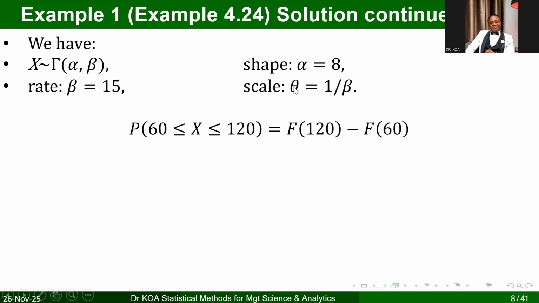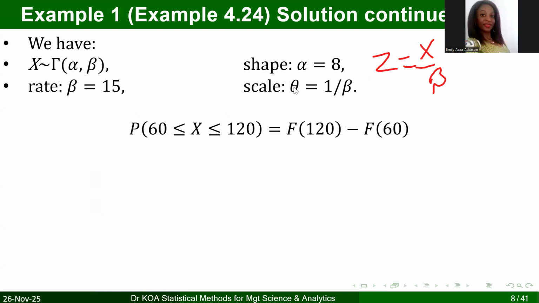So we are going to standardize it. Do you remember the standardization formula? The standardization formula is given by x divided by beta. So for each of them, for the 120 and for the 60, find the x over beta. Let me know when you find it. Okay.